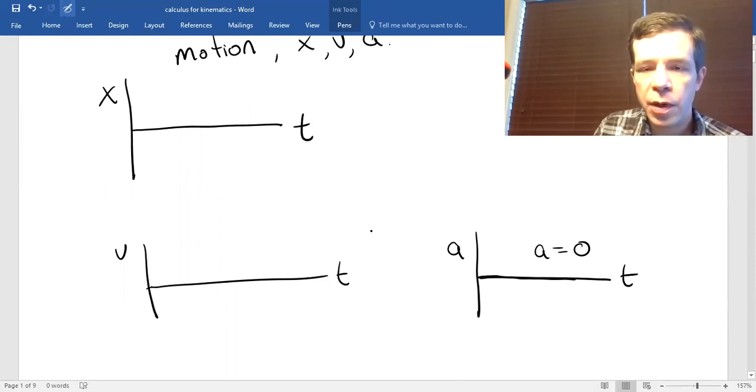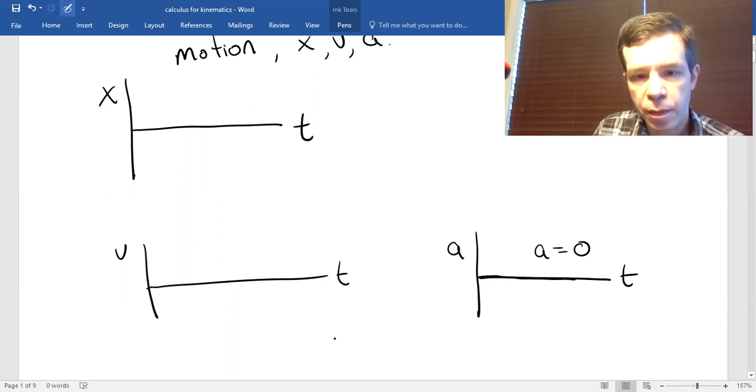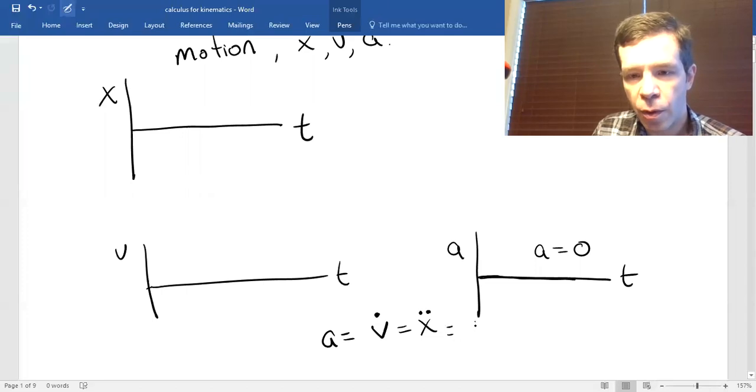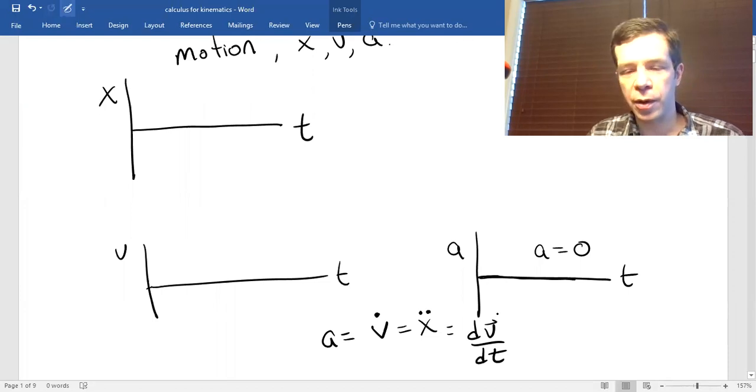All right, we defined a to be the time derivative of velocity, which we denote this way, or this way, or this way. Lots of ways we can denote it.